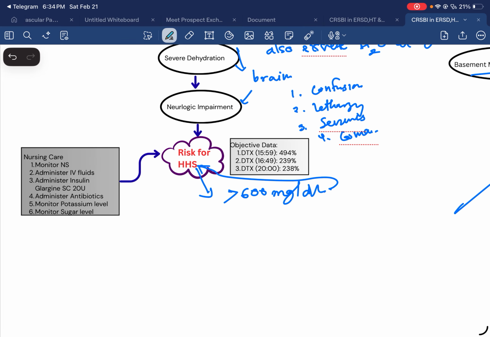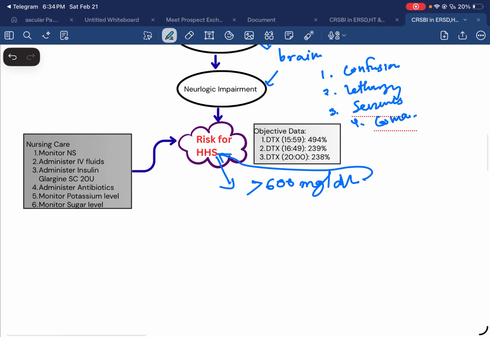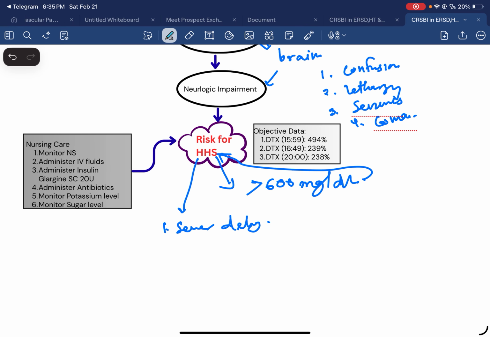In this, the patient will exhibit signs such as severe dehydration, hypovolemia, and electrolyte loss.